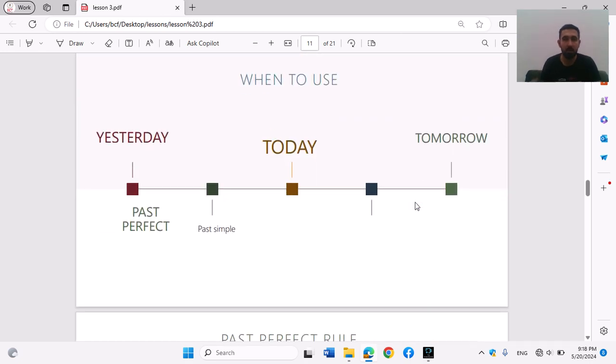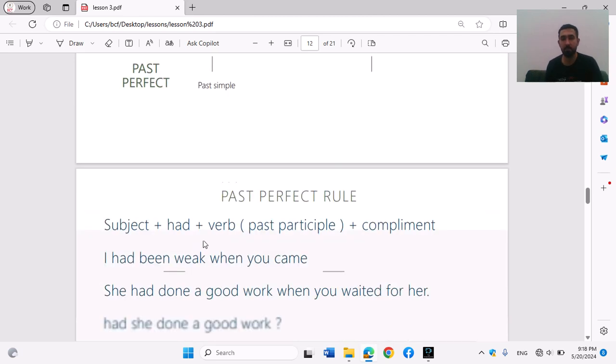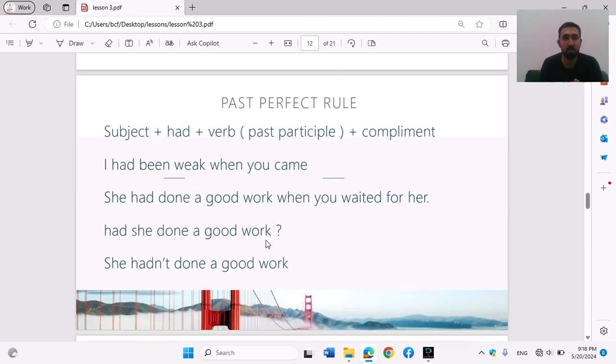For example, look, we have past simple, but something happened before past simple, which is past perfect. Look at the rule. The rule is subject, had, verb past participle. What's the difference between present perfect and past perfect is that present perfect is have, has, verb past participle, but past perfect is had, verb past participle.